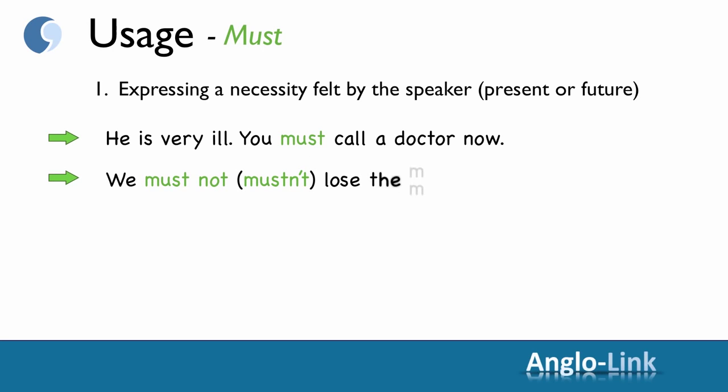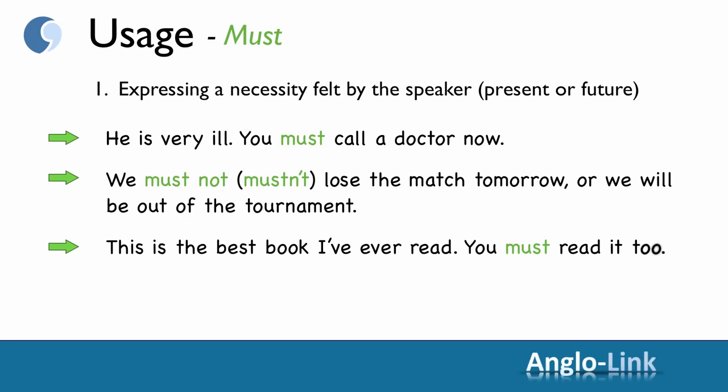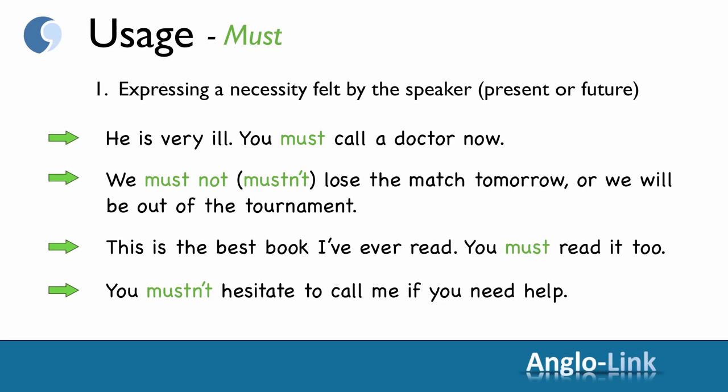We must not lose the match tomorrow, or we will be out of the tournament. This is the best book I've ever read. You must read it too. You mustn't hesitate to call me if you need help.